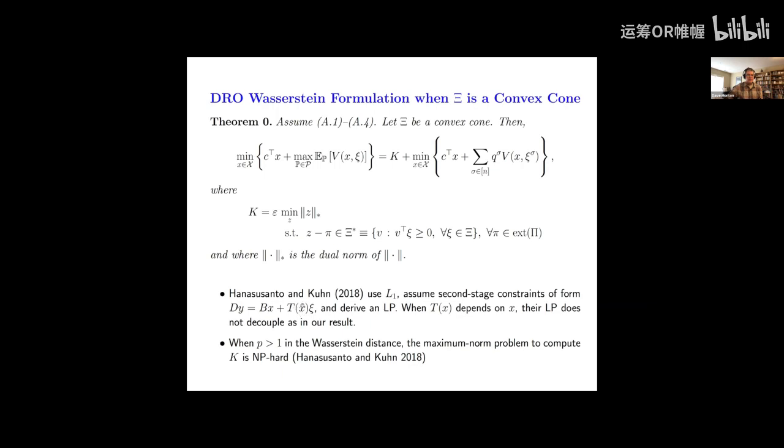You don't get this negative result in general if there's an X that also hits the C. They've also got a result that says, hey, this problem is NP hard in general. And what we're saying here is that it's NP hard in general when the P is bigger than 1 in the Wasserstein distance. However, it's only NP hard to compute the constant K, right? The SAA gives you the right decision.